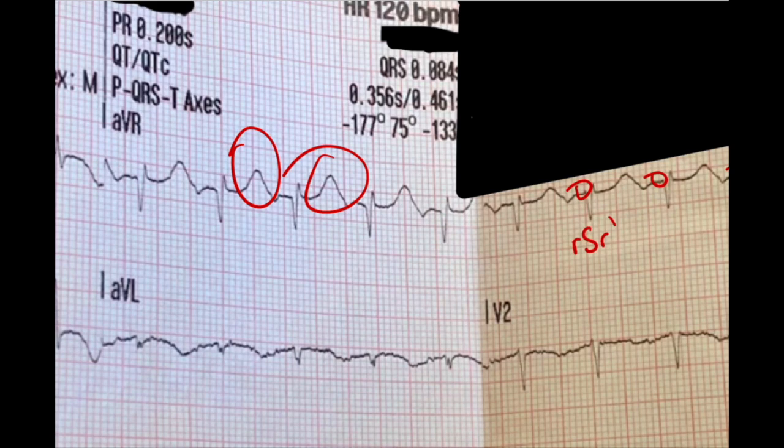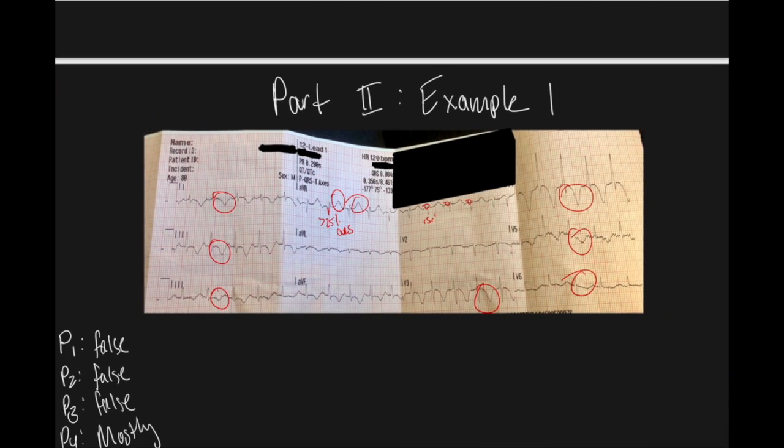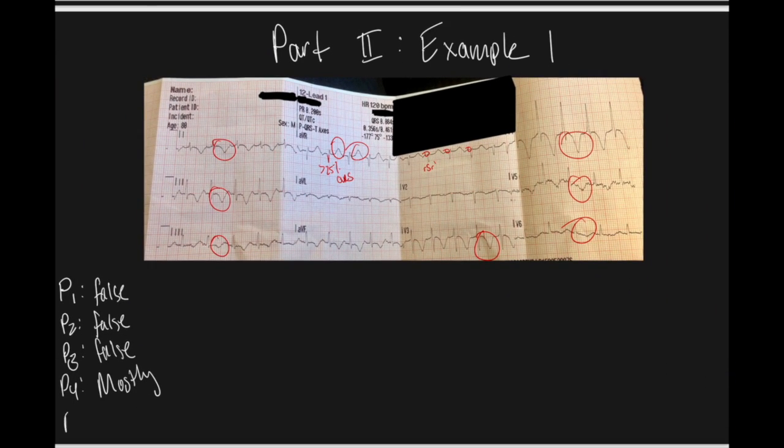In AVR, we see Q waves, but we remember that AVR is allowed to have some deep Q waves, although they are greater than 25% the QRS. So there's something we definitely want to keep an eye on. So we'll say for the fifth pattern, mostly. But we have 3 absolute things that are wrong with this pattern and 2 things that are kind of wrong with this pattern. So that tells us we need to look more closely at this 12 lead. So let's go ahead and do that.